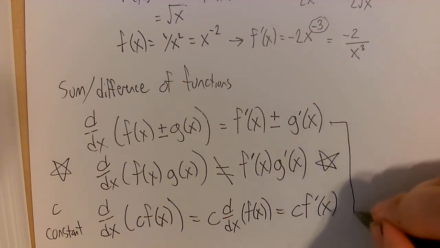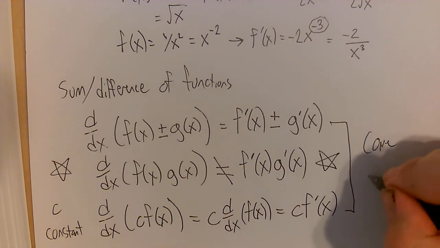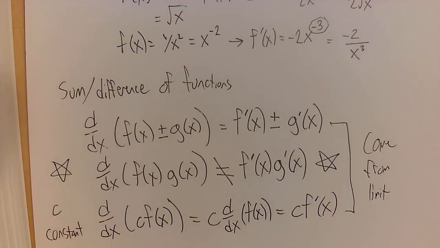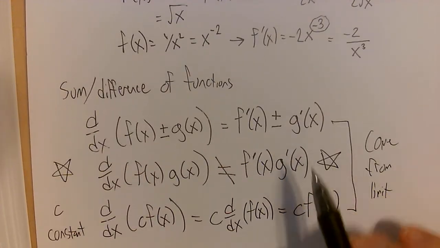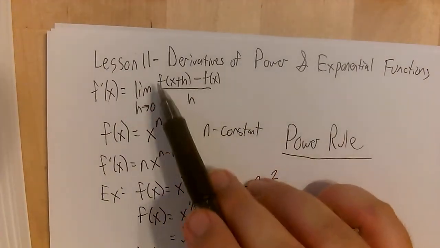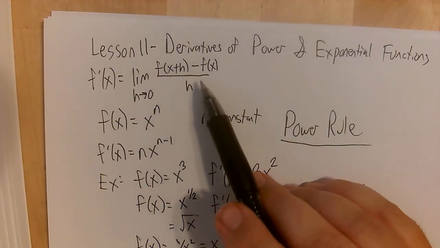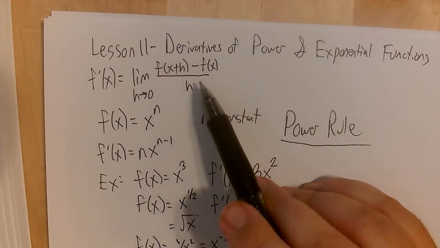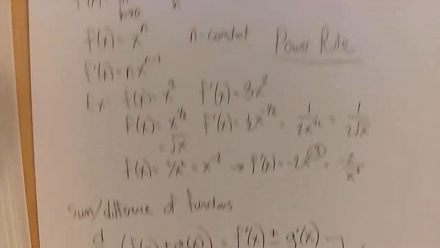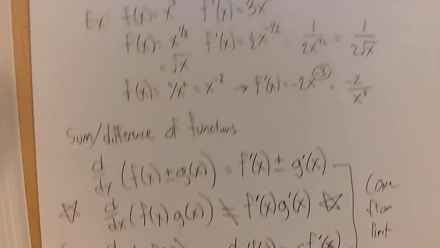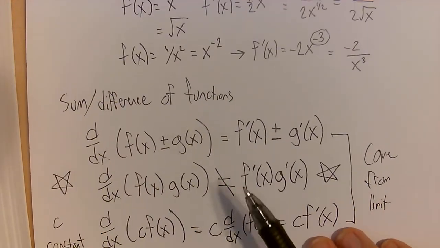So these rules right here come from the limit definition of the derivative. And if we wanted to prove these rules, then we would use the limit definition of the derivative up here. So that's one thing it is definitely good for, is proving facts about derivatives is this form. But for practical purposes, we usually use one of these rules to do a derivative.